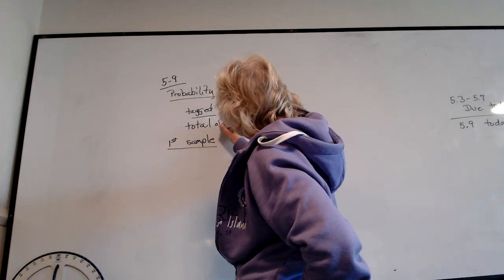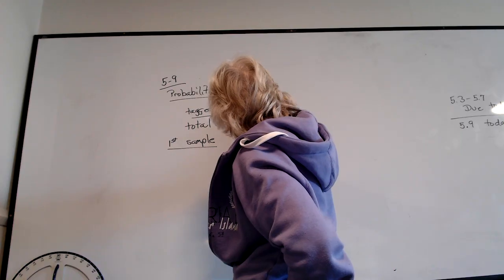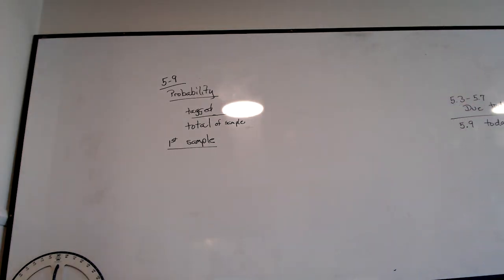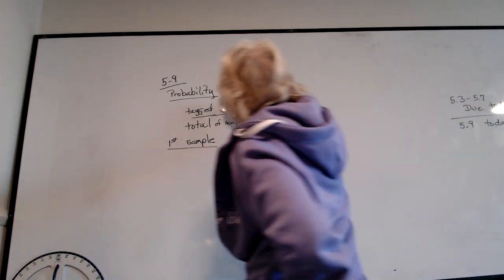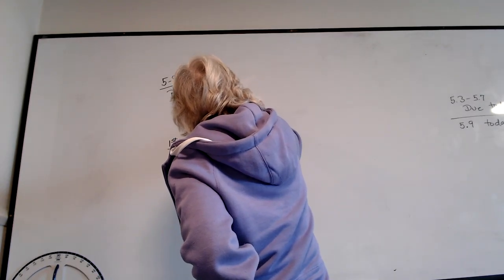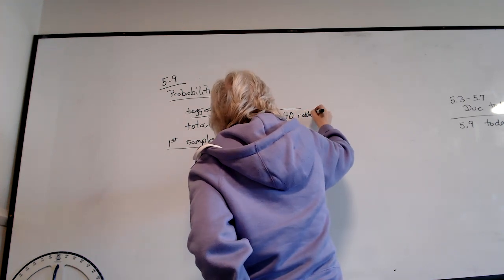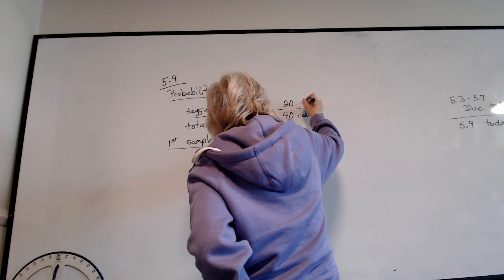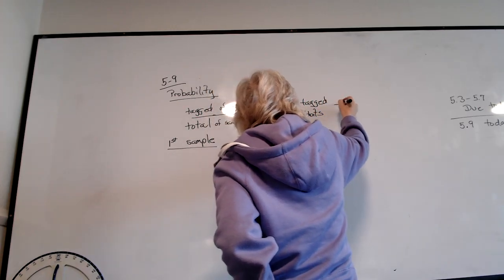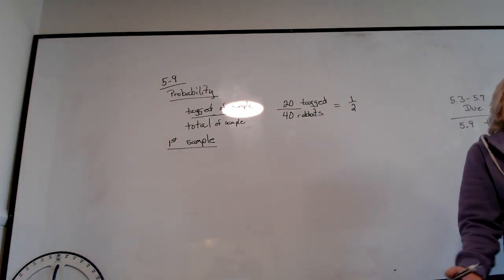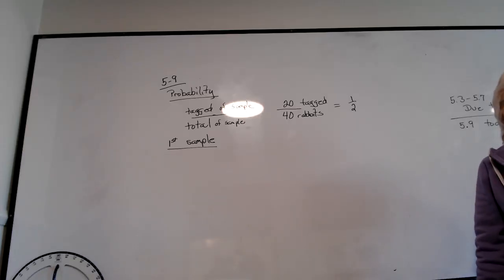So if we got, say, 40 toothpicks, 40 rabbits, and we tagged 20 of them, then I should expect 1 to 2. That's our ratio. Our sample is 1 to 2.